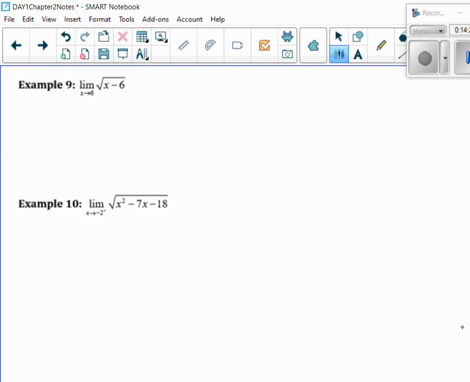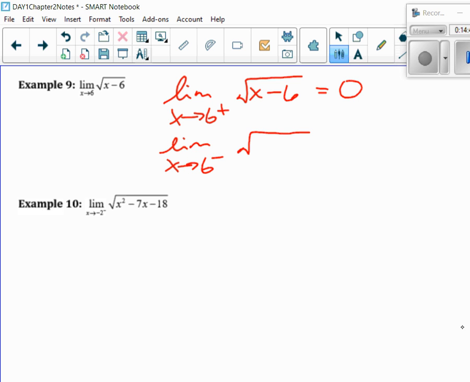Okay, how about this one? 6 goes in there, we get the square root of 0. What are we supposed to do? We're going to do 2 cases. Say it says justify, okay? So the limit as x goes to 6 plus, what do we get there? We get 0. The limit as x goes to 6 minus, we get 5.9 minus 6, so we get a negative number, so it does not exist.